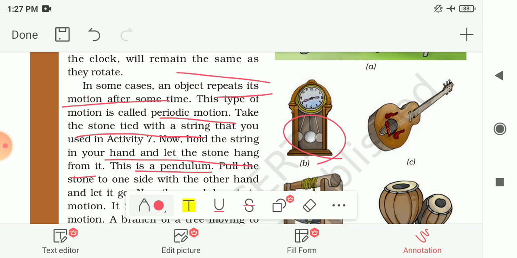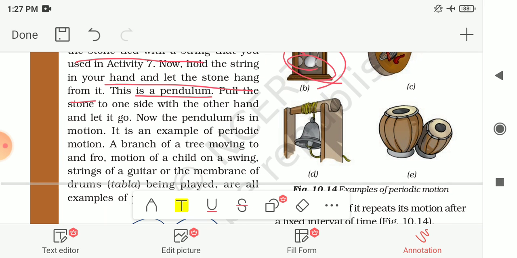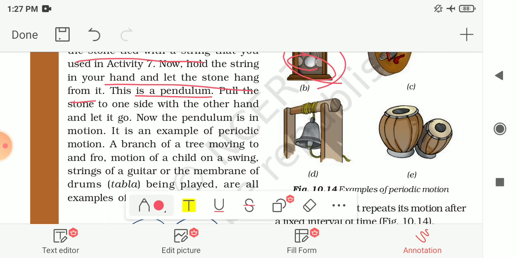Here you can see this kind of structure. This can be your thread, and this round circular structure can be your stone. Hold the stone with the help of the thread like this, pull the stone to one side and let it go. Now the pendulum is in motion.